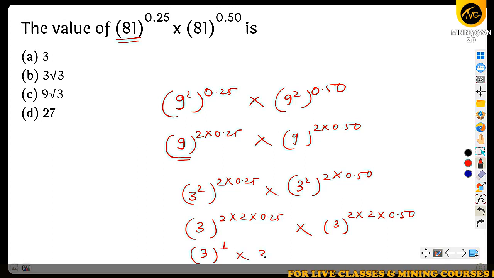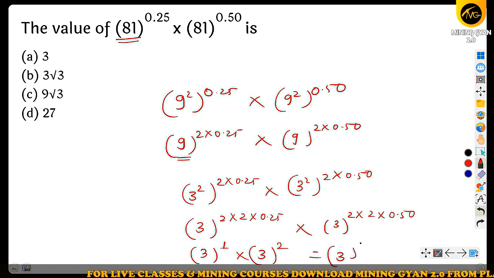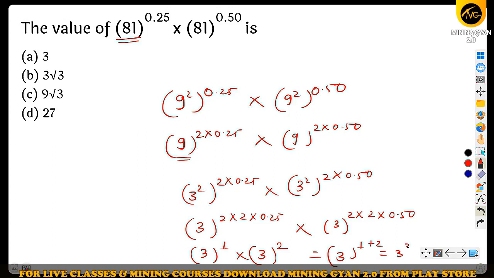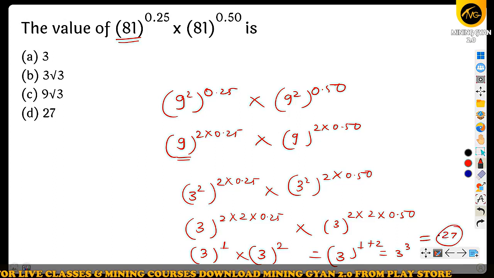Now 3 whole power 4 into 0.5 means 2. So the bases are the same, 3 and 3. That means 3 power 1 plus 2. It means 3 power 3, and the answer will be 27. The cube of 3 is 27. That means option D is the correct answer, 27. Clear?